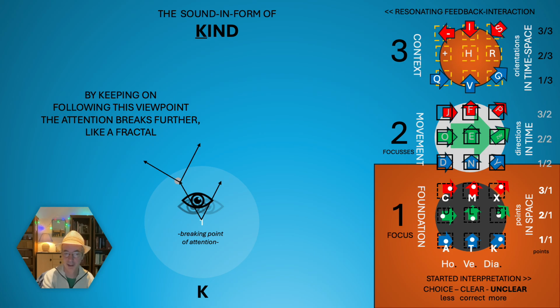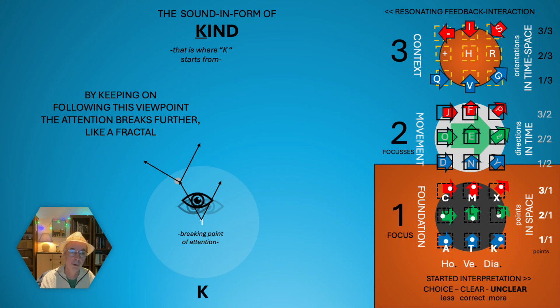It is like a fractal as well, so you keep this one-centered focus intact, but it will break apart into smaller and smaller places, and you will also go more and more to a diagonal position.